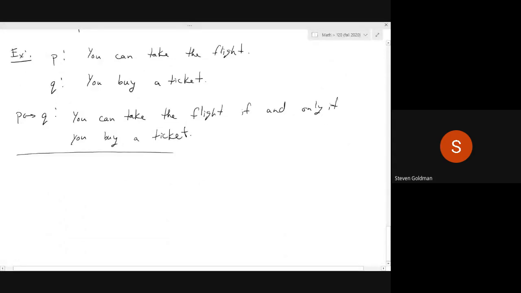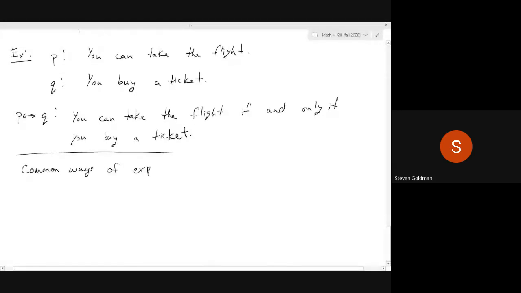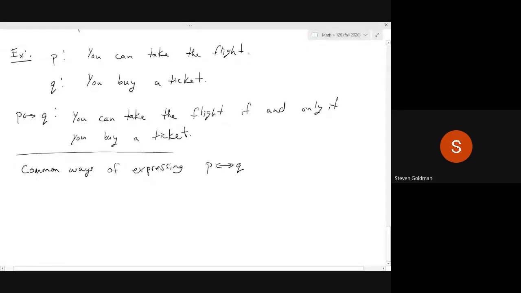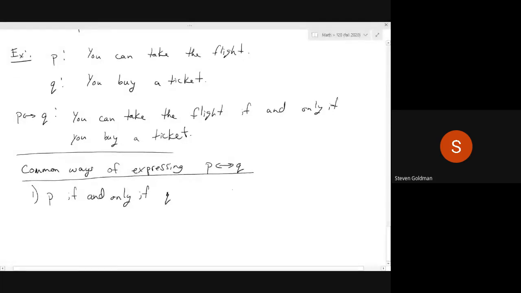Some common ways of expressing P if and only if Q, biconditional statements. Number one is the way I already told you, P if and only if Q. By the way, as a shorthand, a lot of times I write if and only if as IFF. So IFF means if and only if.